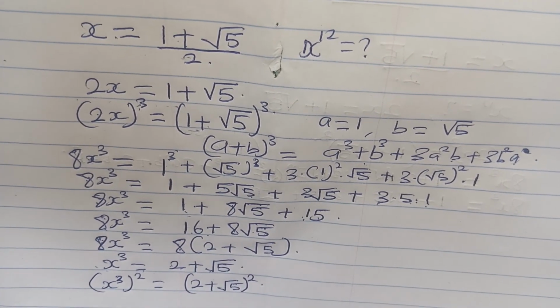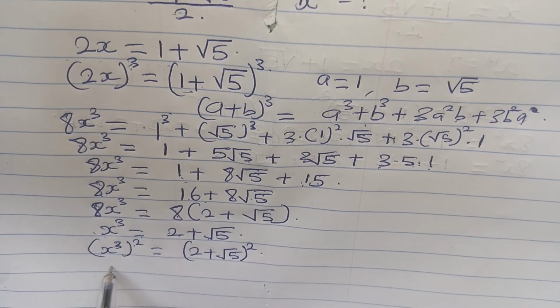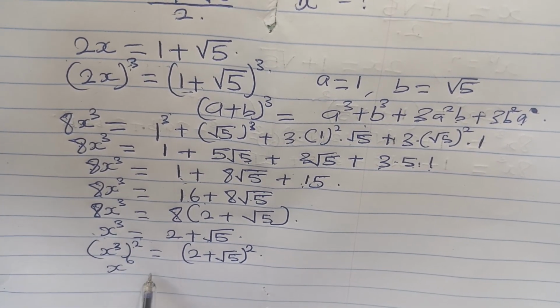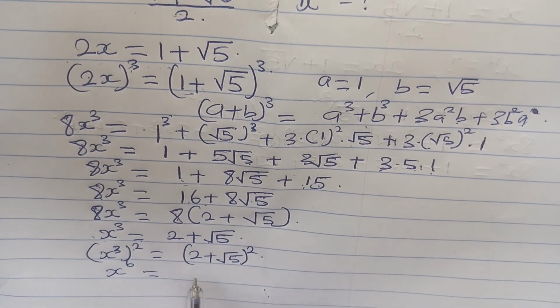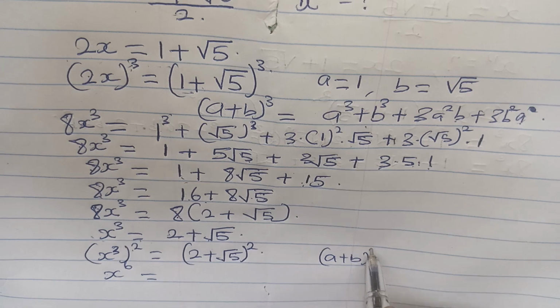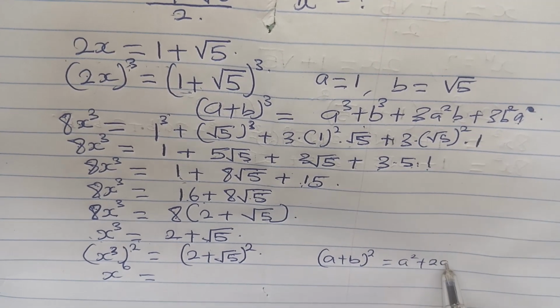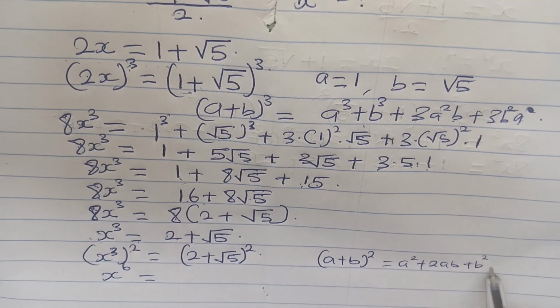If we put this in, we have x to the power of 6 is equal to, square this with an identity which says a plus b all squared is equal to a squared plus 2ab plus b squared.